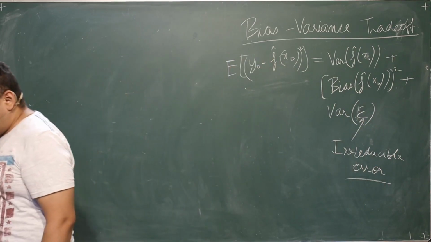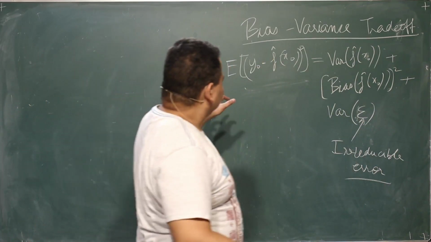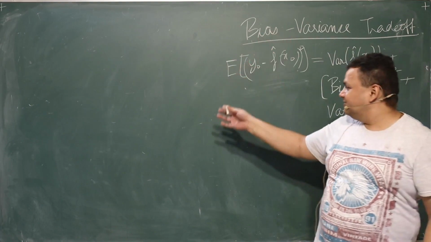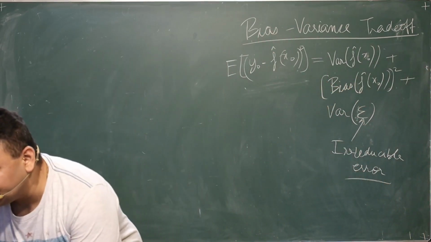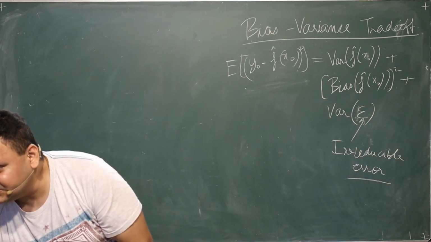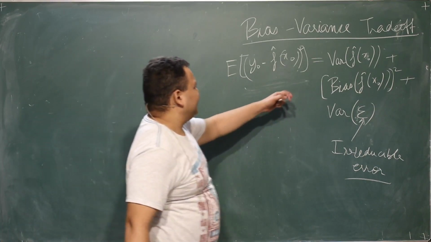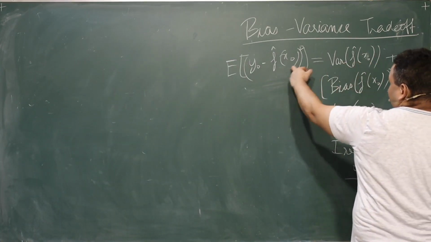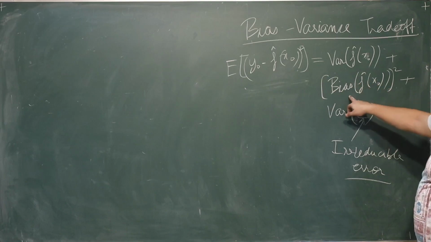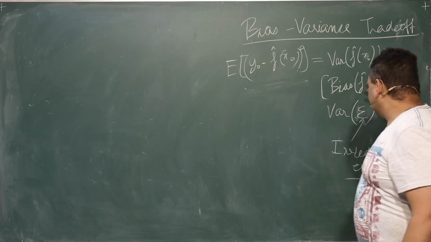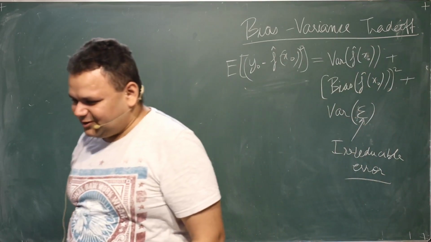So the expected value of the sum of squares can be divided into these three components: the variance of whatever estimation function you're using, then the bias squared of that function, plus the variance of the irreducible error.